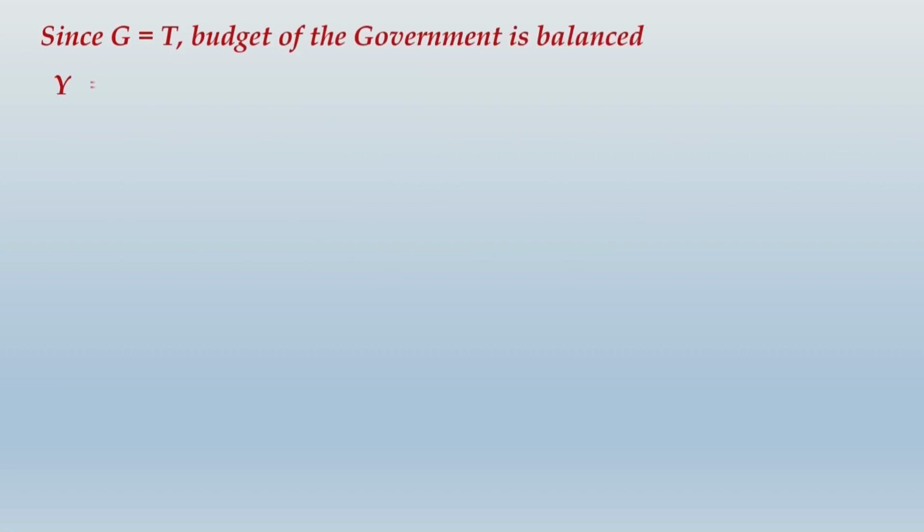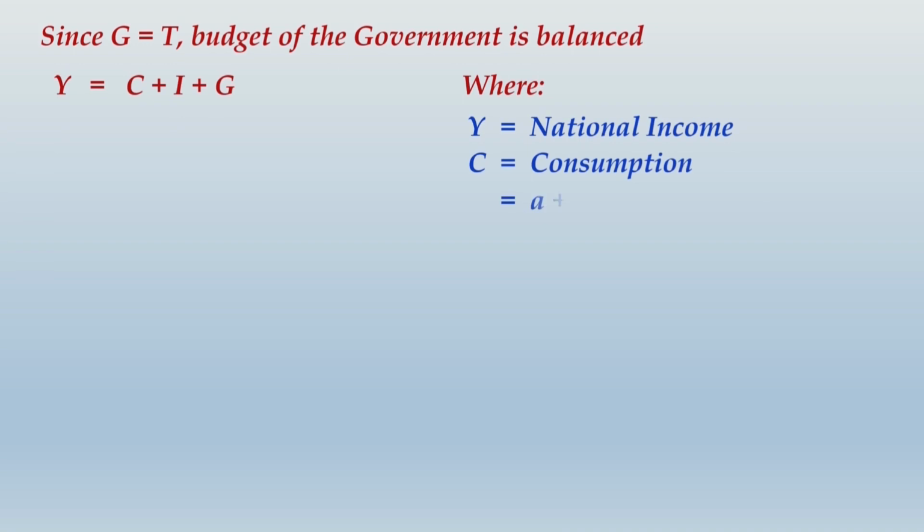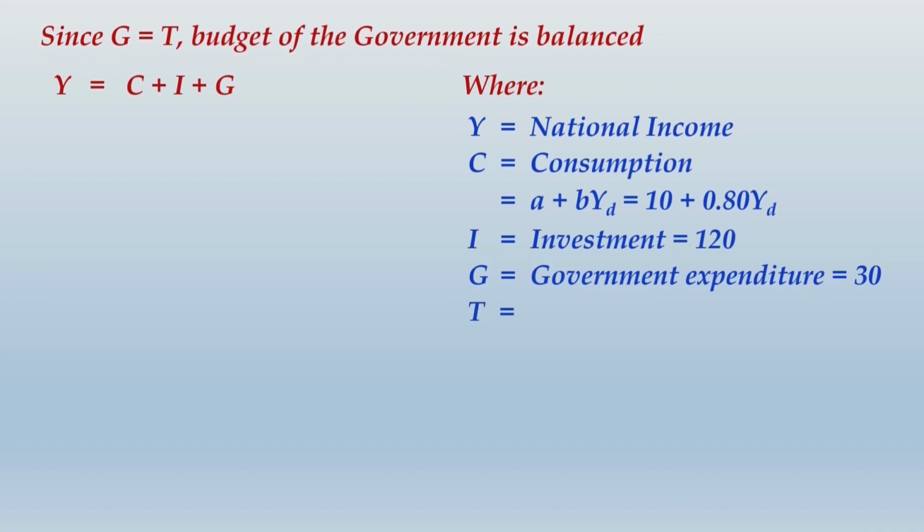But your ultimate objective is to look into whether you were correct with these calculations or not. So when you start your solution, you just write up the main equation as Y equals C plus I plus G, and you define all these variables, and wherever the value of the variable is known, you define those values along with the definition of the variable.